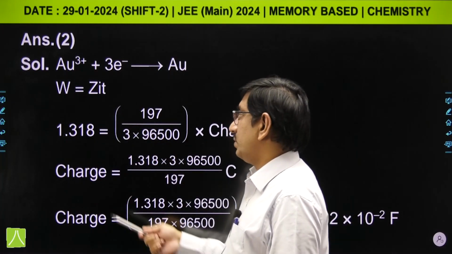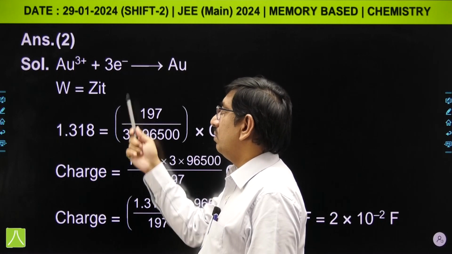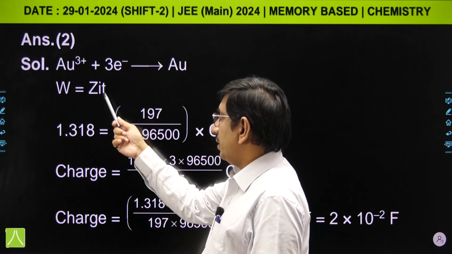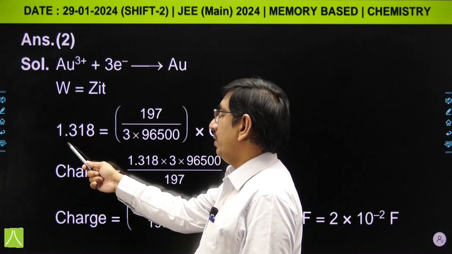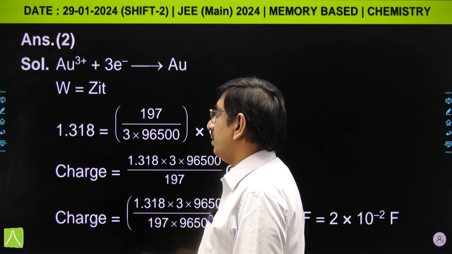Weight can be calculated from Faraday's first law, W equal to Z into I into T. Z is the electrochemical equivalent, and weight is given 1.318.